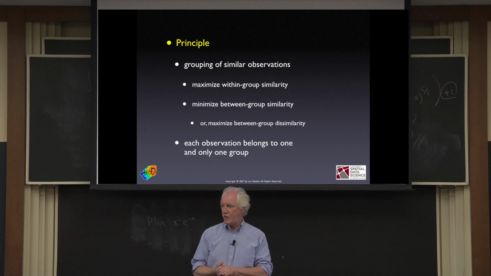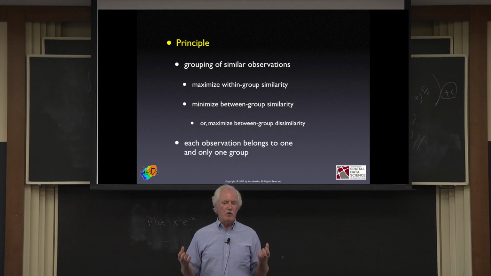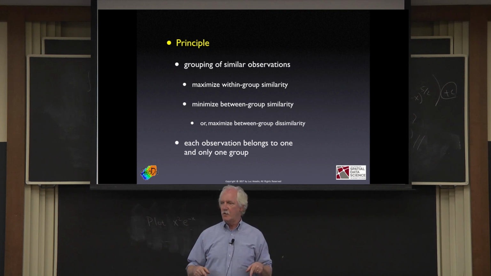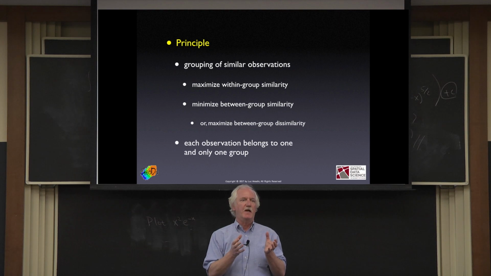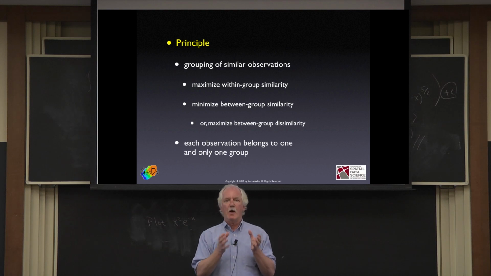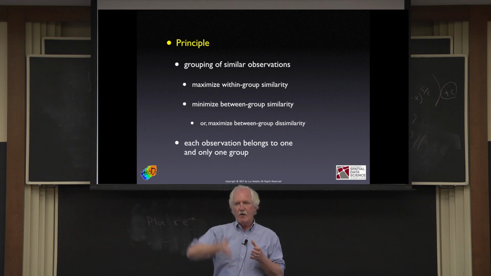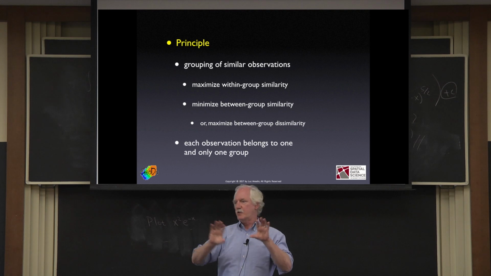And the principle is very simple. So we have a measure of dissimilarity, say square distance. And we're grouping observations which have multiple attributes into subsets of the data. And within each subset, you want them very similar, with clear boundaries between the subsets.